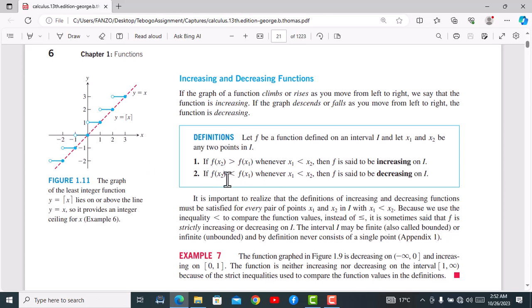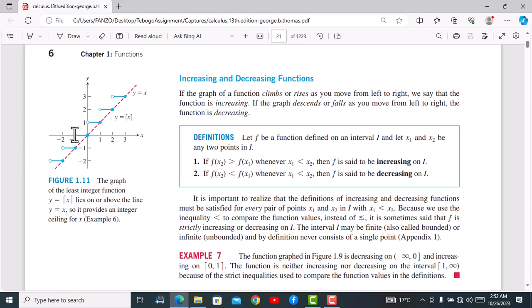So if f at x2 is less than f at x1, whenever x1 is less than x2, so x1 needs to be less than x2. So let's say this is x1, because minus 1 is bigger than minus 2.